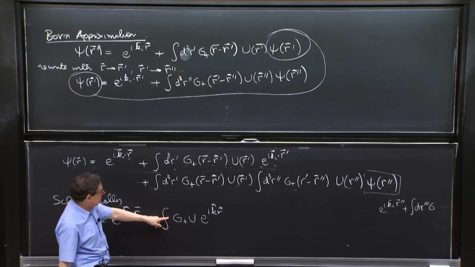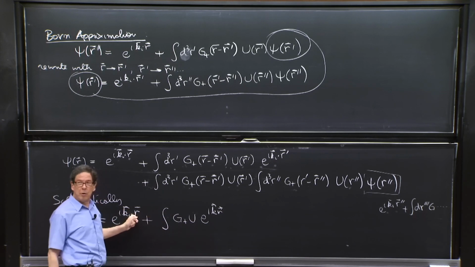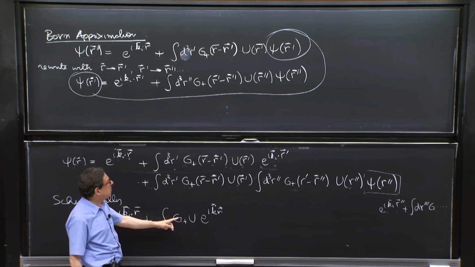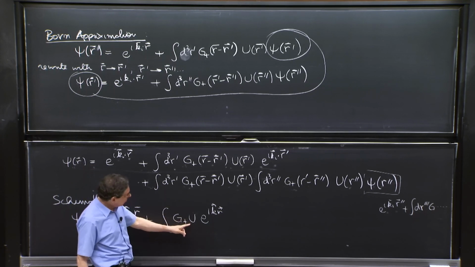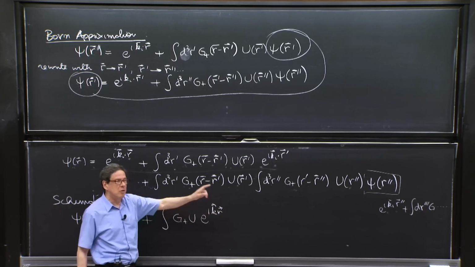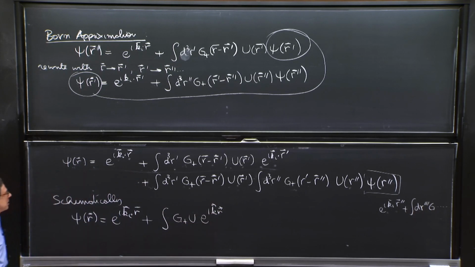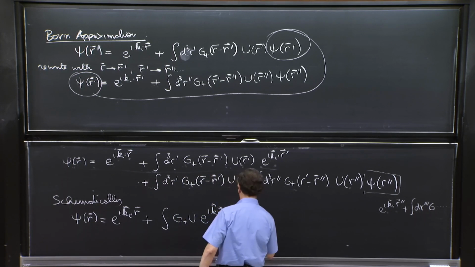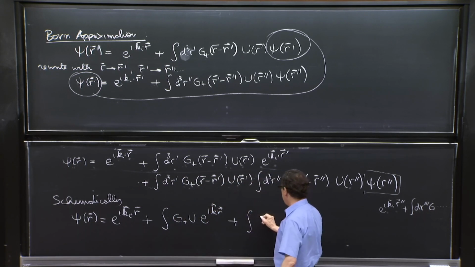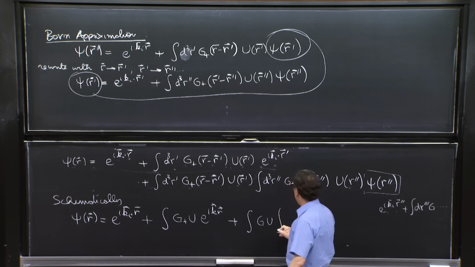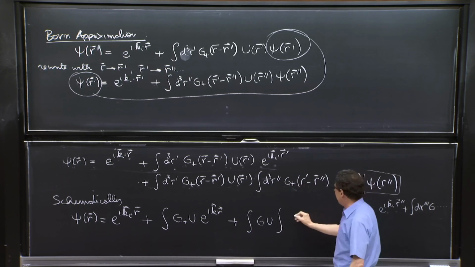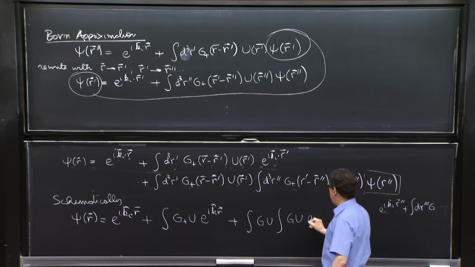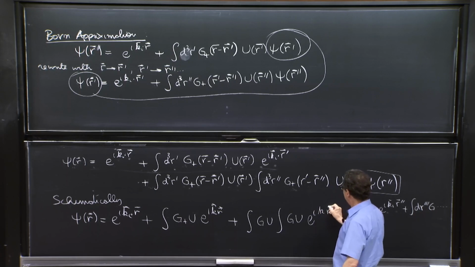You put an integral over some variable, cannot be r because that's where you're looking at, so you put an r prime, the g of r minus r prime, the u at r prime, and this function at r prime. That's how this integral would make sense. The next term would be integral gu of another integral of gu e to the i k r.